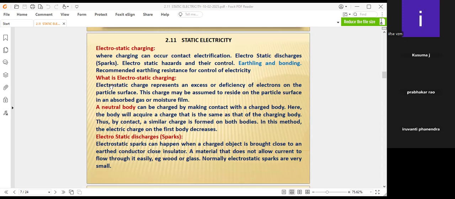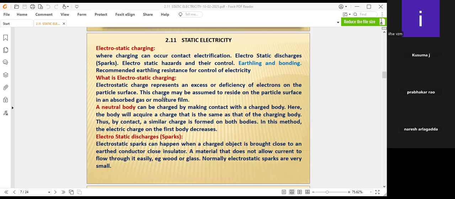We have to see that the electrostatic charge represents an excess or deficiency. Excess means more than required or desired. Deficiency means less than expected or desired, a deficiency of electrons on the particle surface.